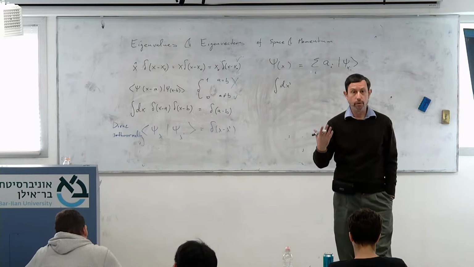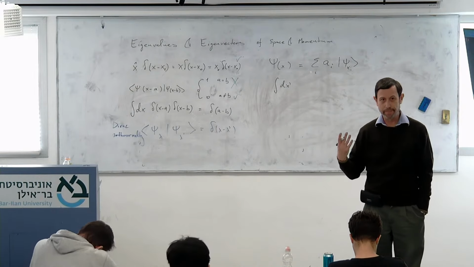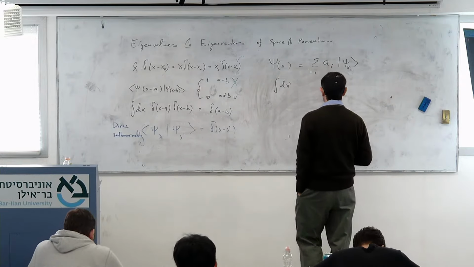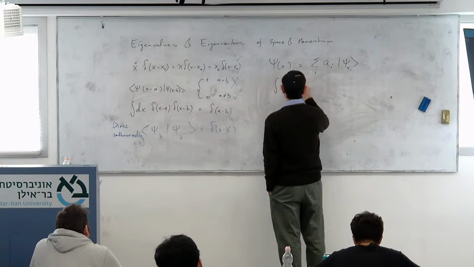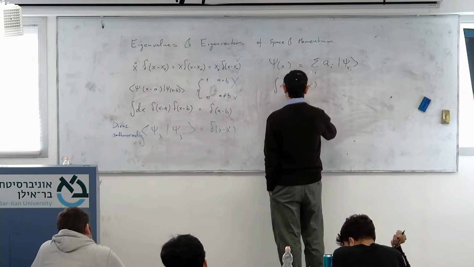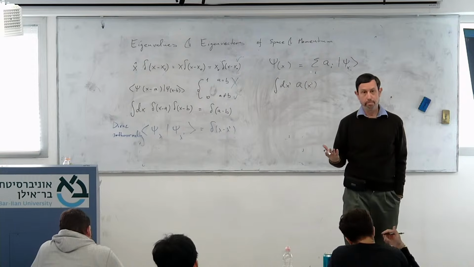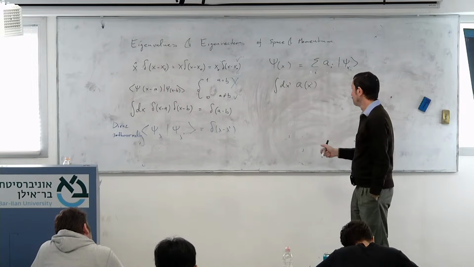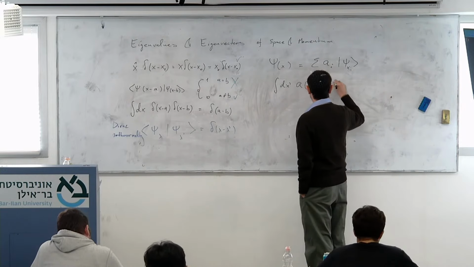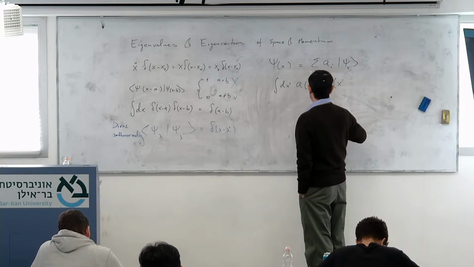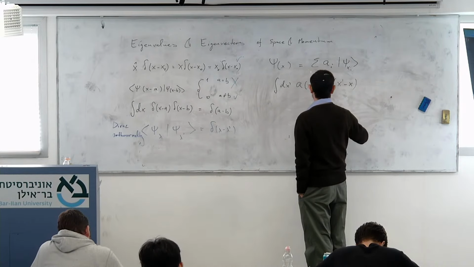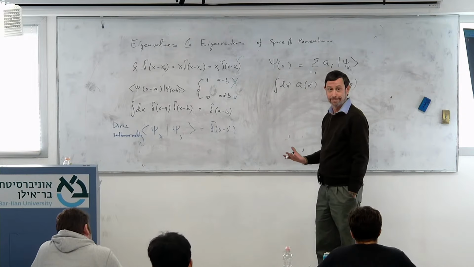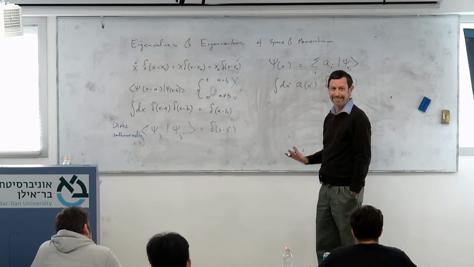Well, now I'm integrating over variable x prime. A of x prime, say A of I, delta x prime minus x, this is my position, right?